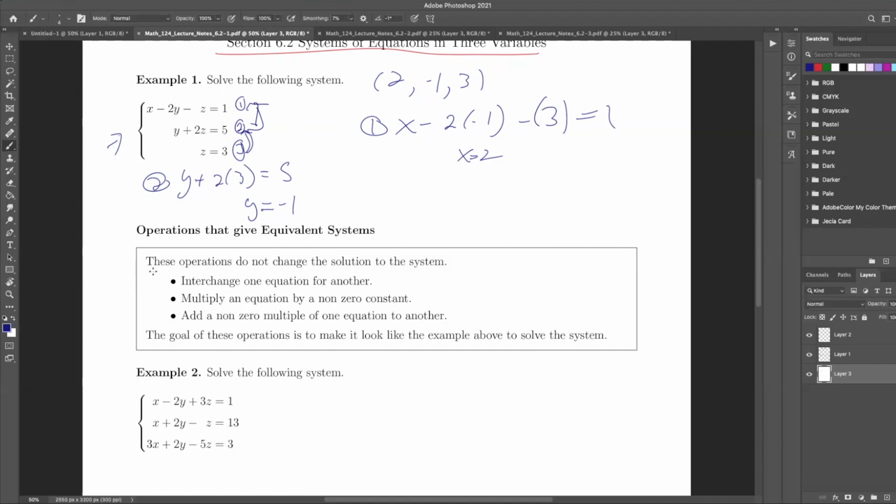All right, so these operations do not change the solution of the system. If they give equivalent systems, that means they have the same solution. So if I swap one row for another, it gives me the same thing.